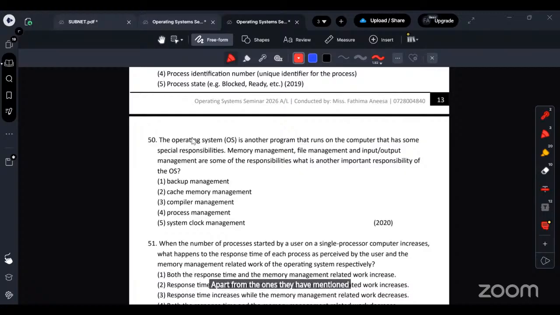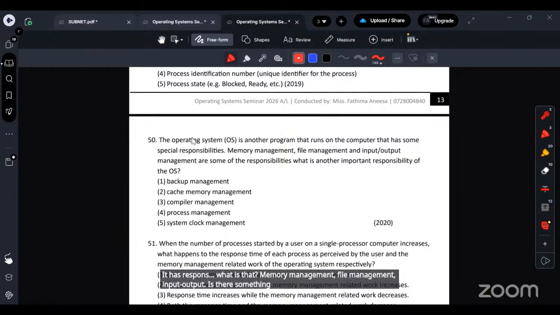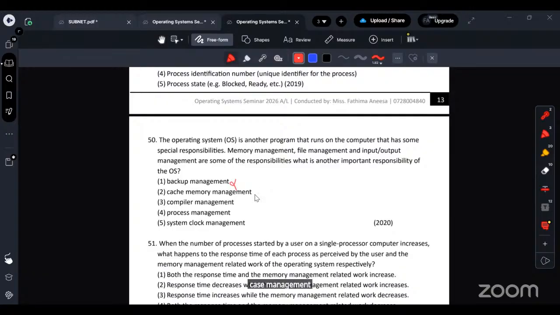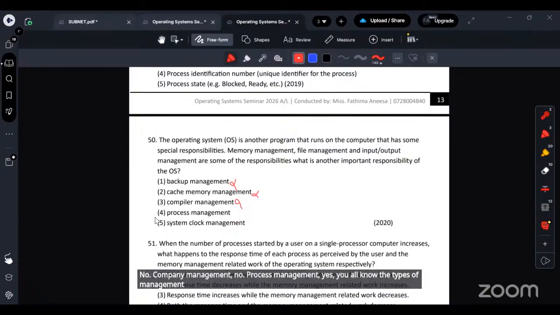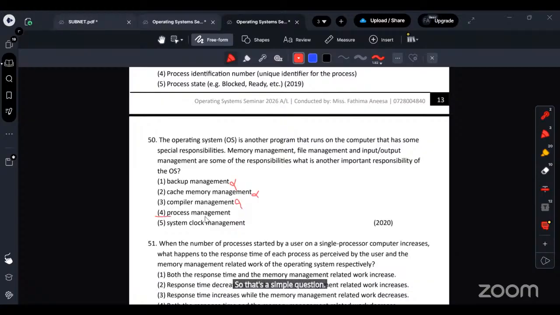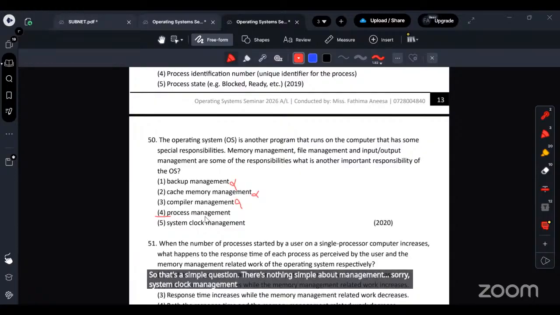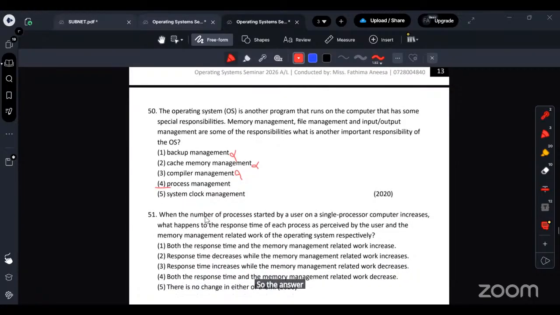Is there something called backup management? No. Cache memory management? No. Compiler management? No. Process management? Yes. You all know the types of management. So that's a simple question. Sorry, system clock management. So the answer is process management.